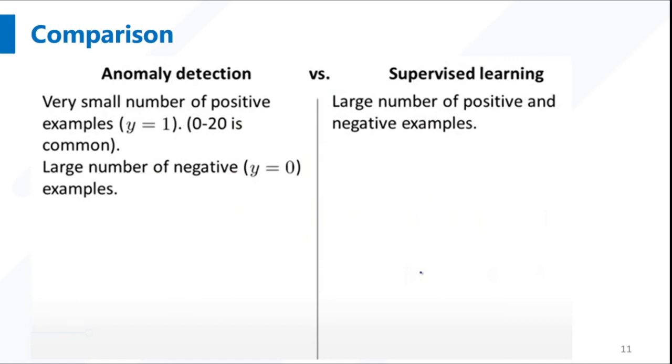So the number of positive examples is very small. But in supervised learning, there is a large number of positive and negative examples. That means if you want to predict correctly the positive and negative examples, the training set should encompass all the possibilities of positive and negative examples.